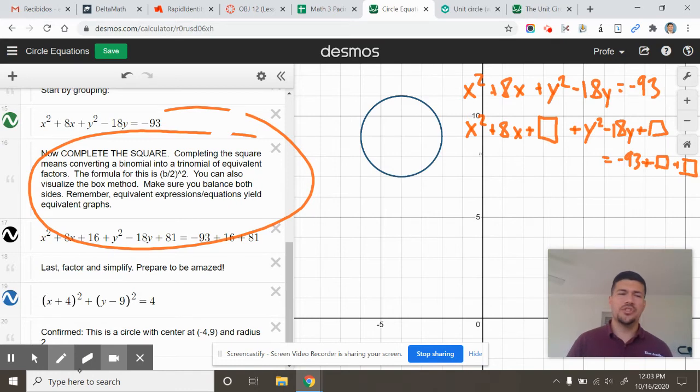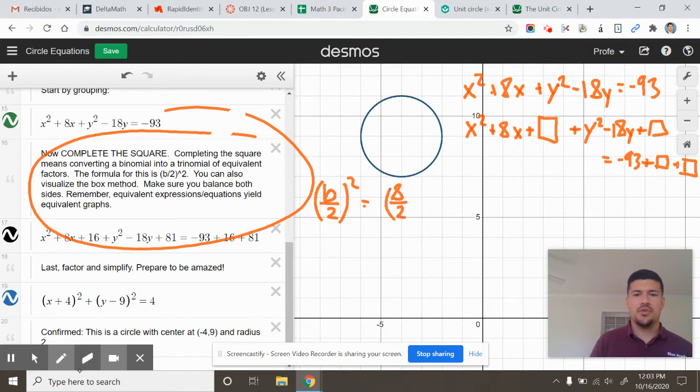So the question is, what are those numbers? After years and years of doing this, I can tell you that the first number that completes the square is 16, and the second number is 81. But how do I get that? Well, there's a simple formula, and that formula is (b/2)². In other words, cut your b term in half. For example, 8 divided by 2 gives you 4, and then square that.